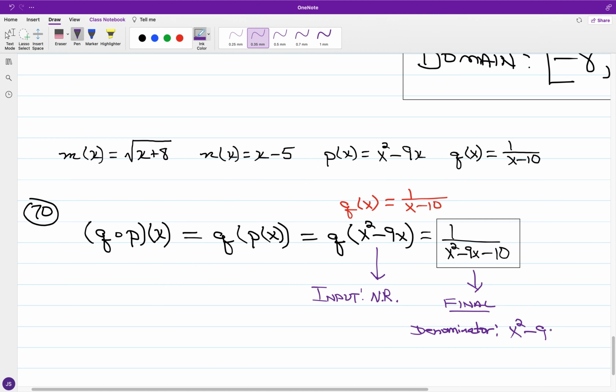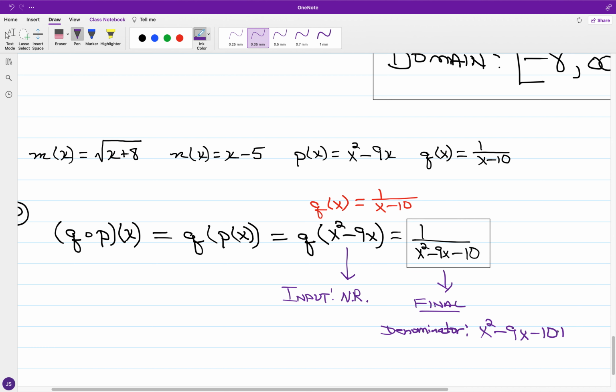So x squared minus 9x minus 10 cannot be 0. And if this cannot be 0, the factors cannot be 0. The factors of the trinomial are x plus 1 and x minus 10.